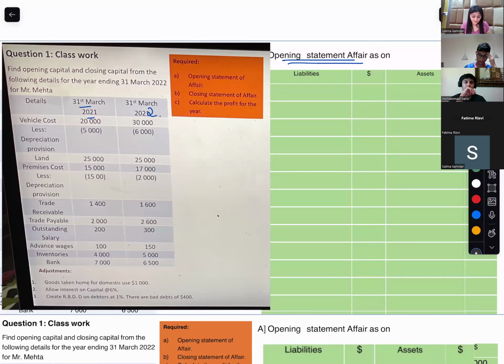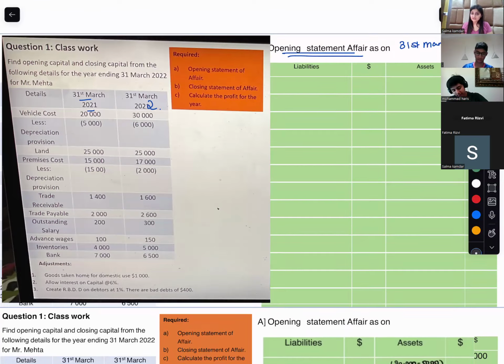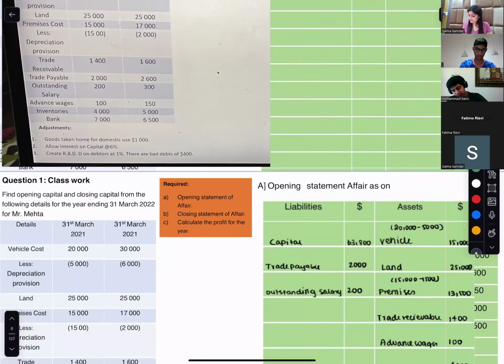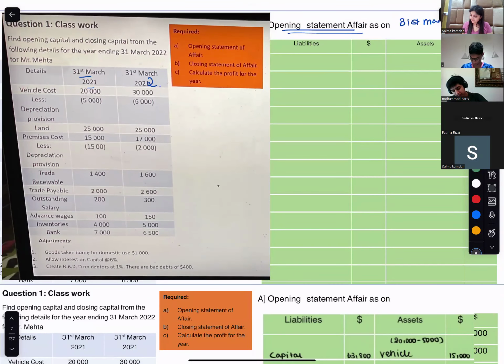What is the first date over here? 31st March 2021. Please allow others also to answer. Okay, closing statement of affairs will be on which date? 31st March 2022. Okay, fine.